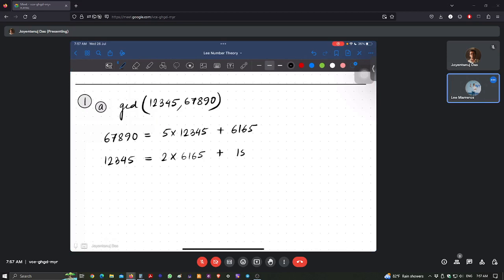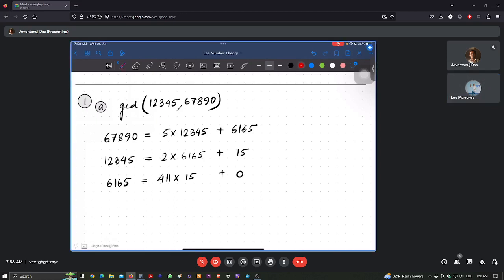Then 6165 divided by 15 is 411, and the remainder is 0. So we'll stop here, and this is the GCD.